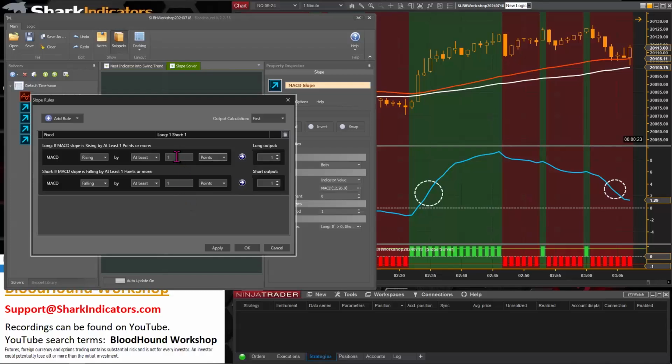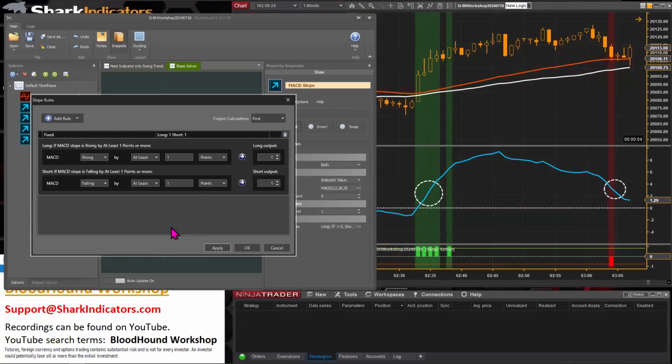But also, you have to consider the volatility of the instrument as well. The MACD is going to move quite a bit differently on the NQ versus trading oil. So, all right, anyways, let's see what 1 point looks like. Oh, and there we go.